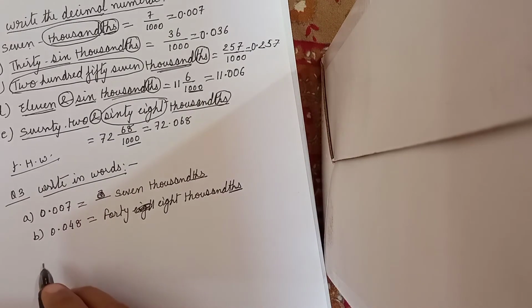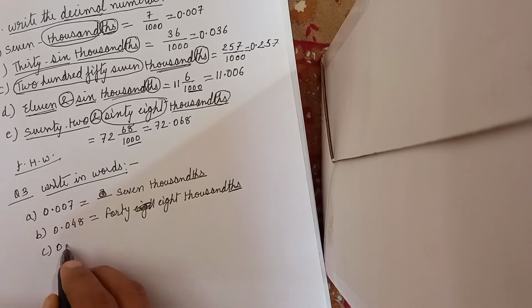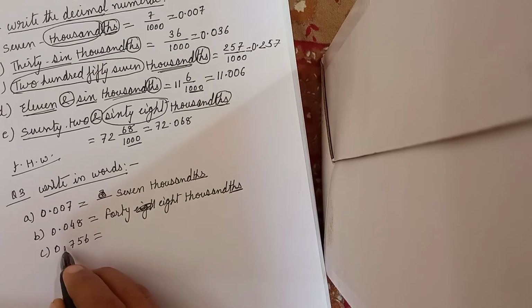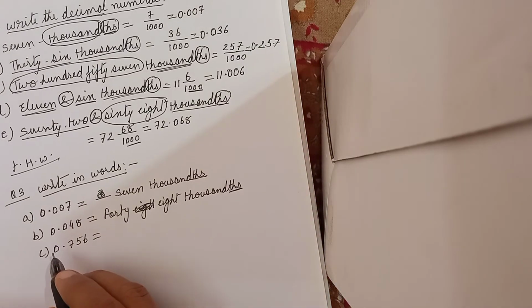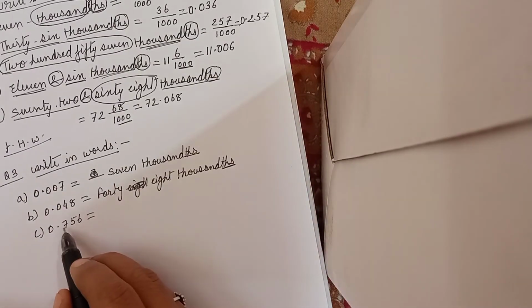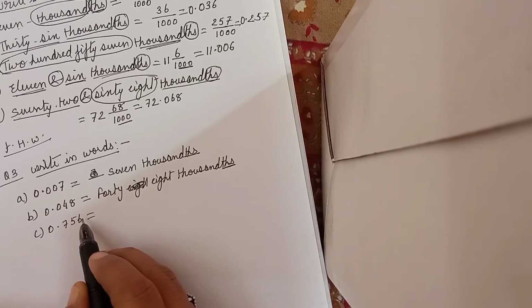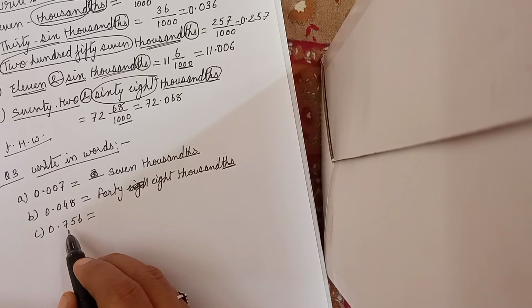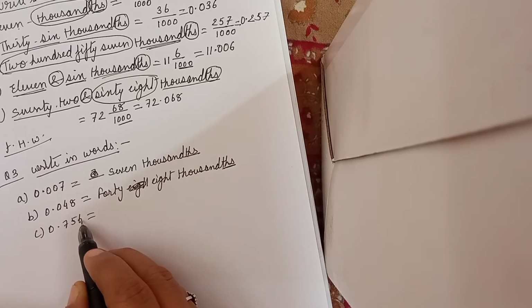Now question number C is 0.756. Before the point it is 0, so no need to write it. We will write 756 in words, but 756 is after the point. How many digits are there? 3 digits. So this is tenths, this is hundredths, this is thousandths.